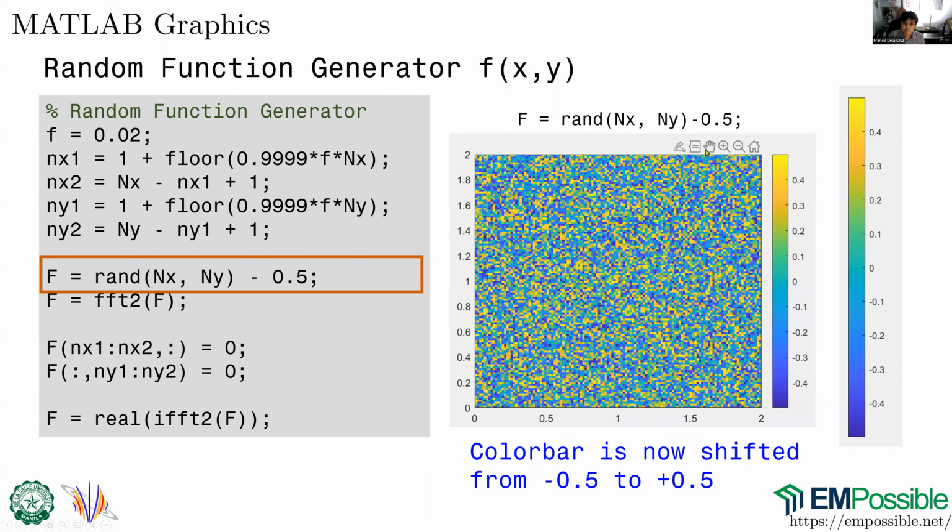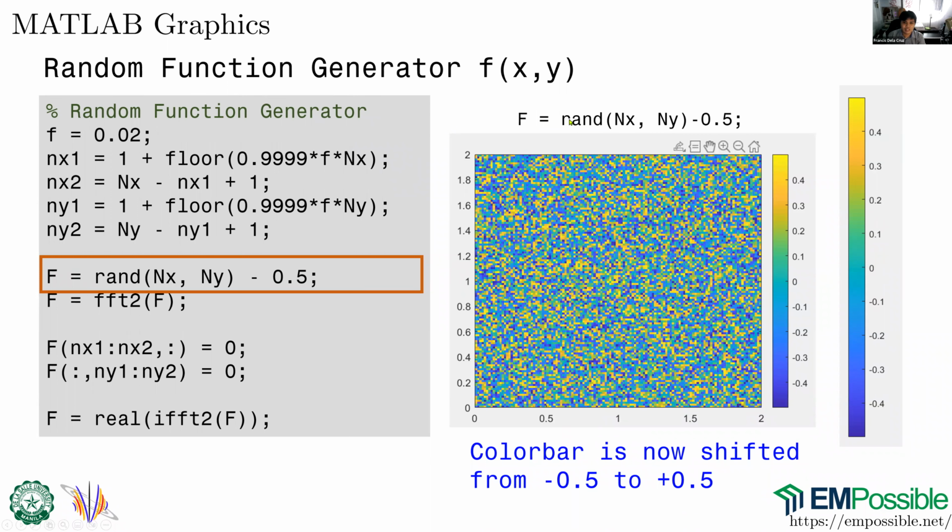And then you introduce this minus 0.5. What will happen to the entire matrix? That minus 0.5 will be distributed to each element, and you will subtract 0.5 from each element. So 1 minus 0.5, 1 minus 0.5, 1 minus 0.5, and so on, until you populate the entire matrix.